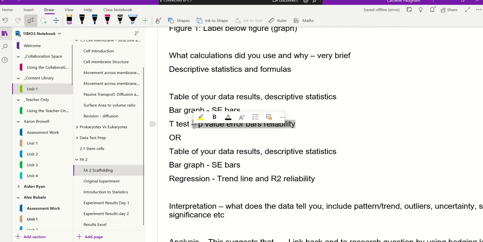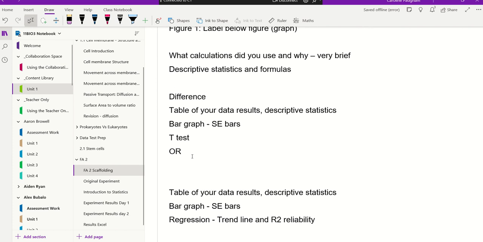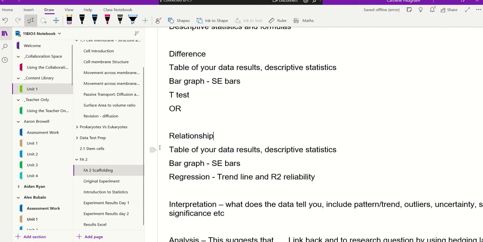And then if you're doing a difference, you're doing a t-test as well. Or if you're doing a relationship, you do a regression. So both will have that summary data table, yeah, with just your mean, just your standard error, and your, what else do we do? Standard deviation. You could also add in your number of trials if you want, that's fine.